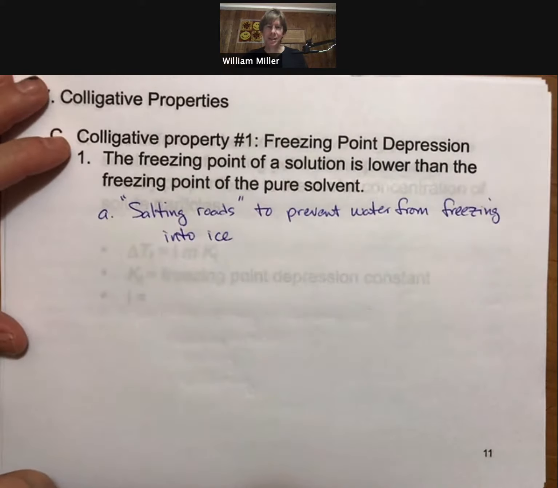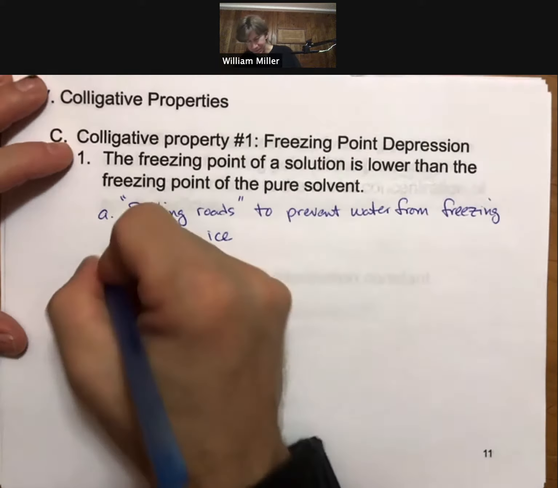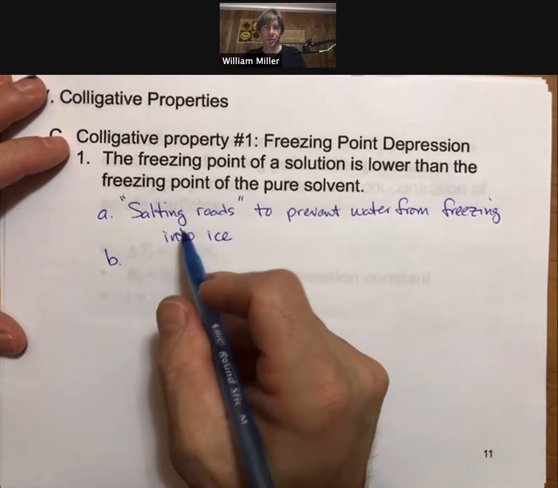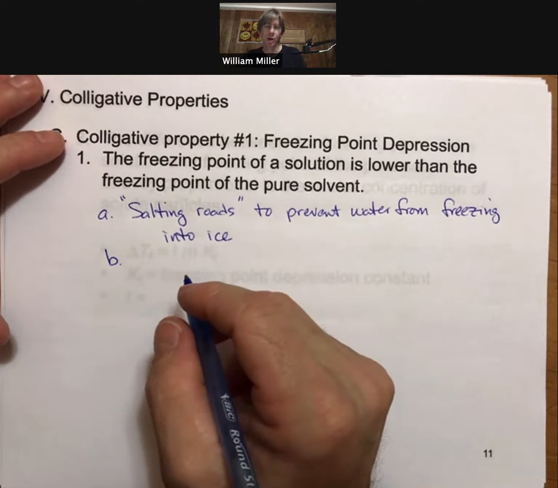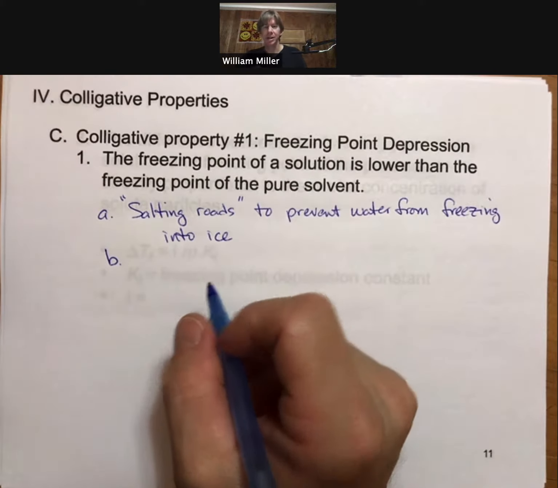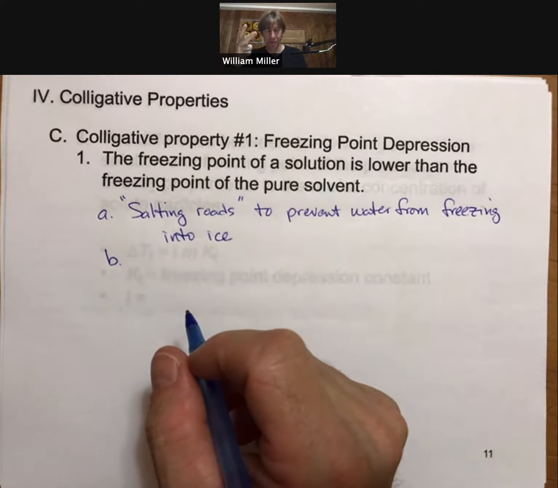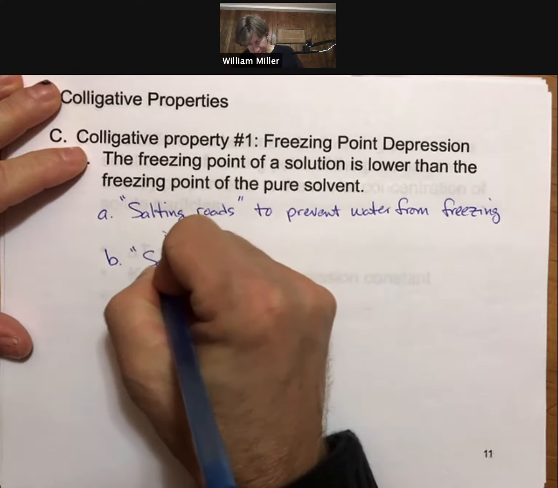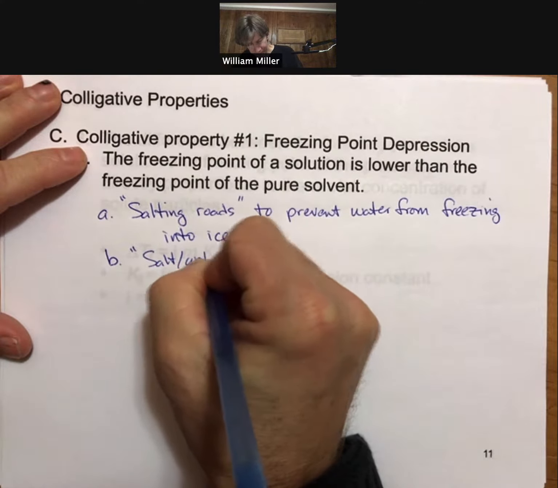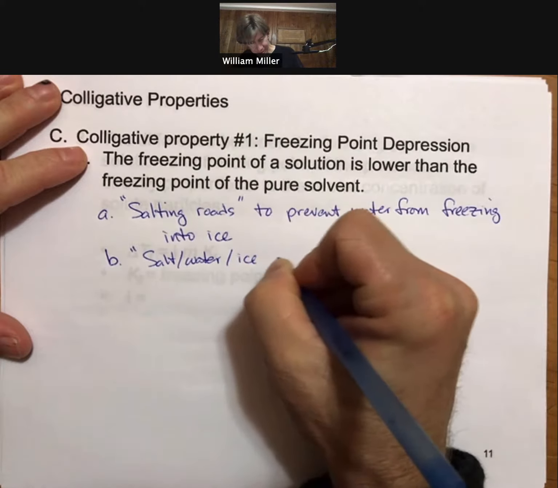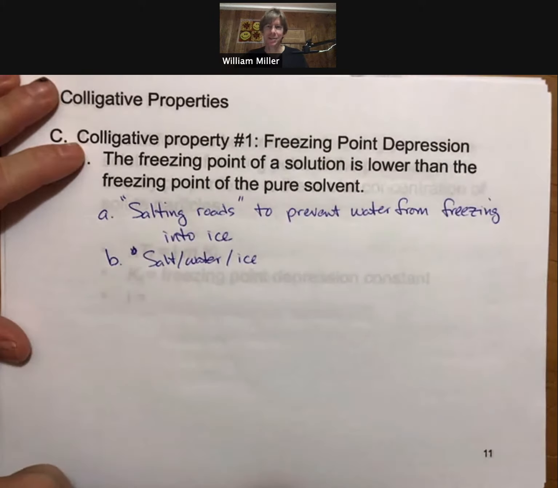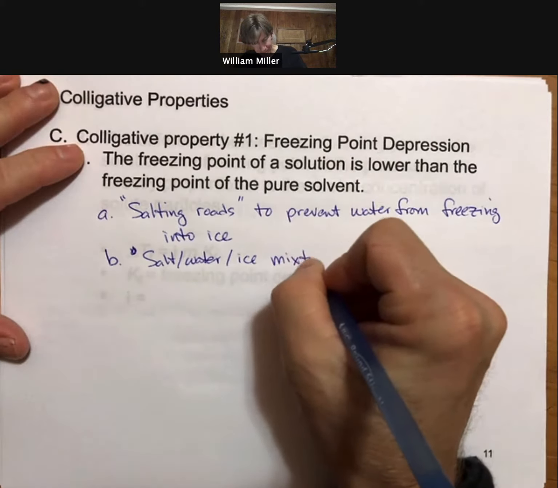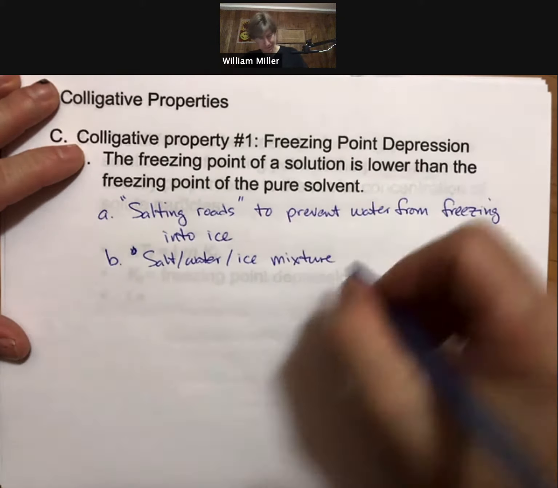The second best example, and maybe this is the best example, is the same thing, except when you make ice cream, you use a water, salt, ice mixture. So, salt, water, ice mixture for making ice cream.